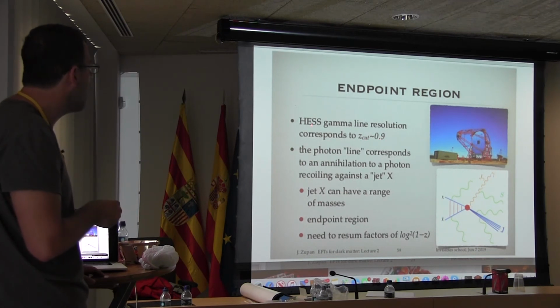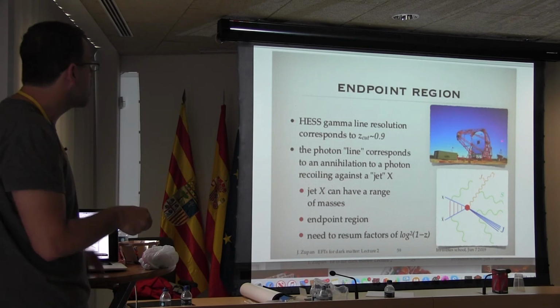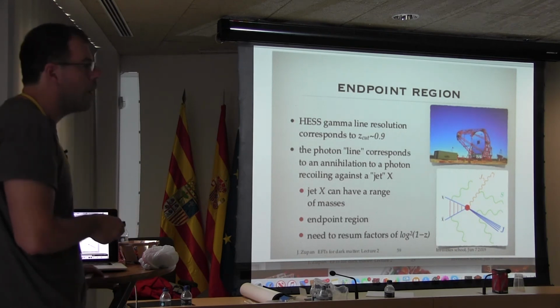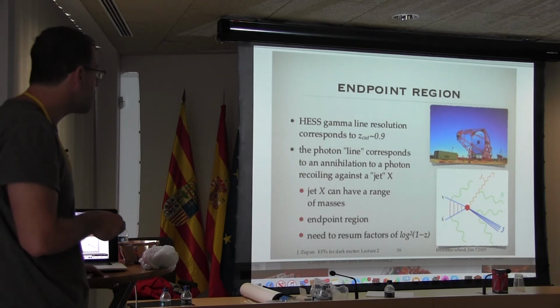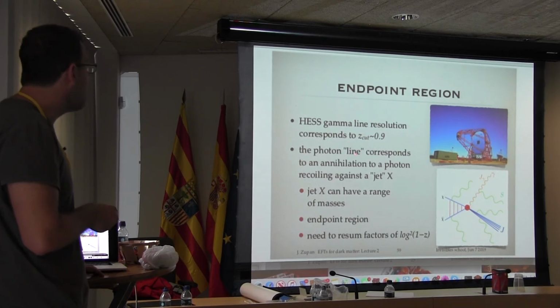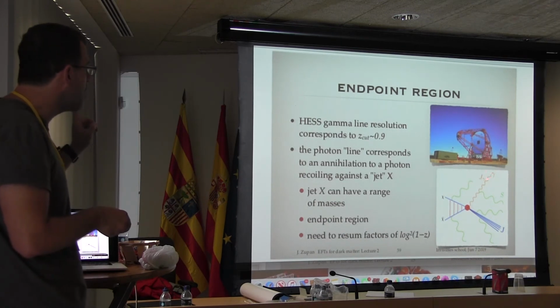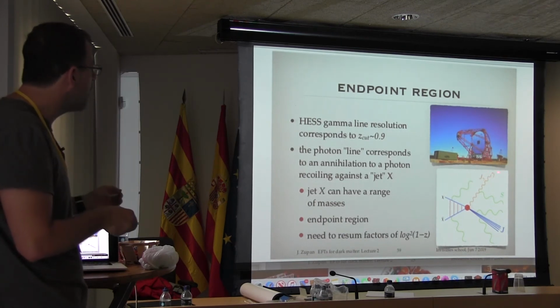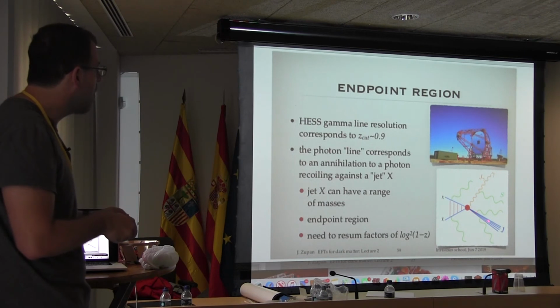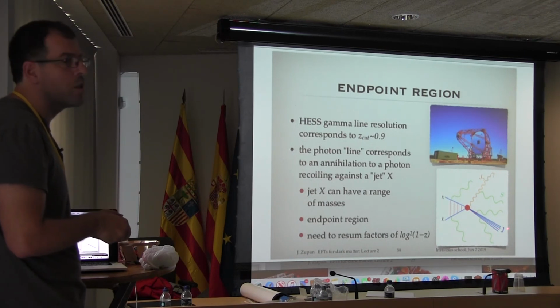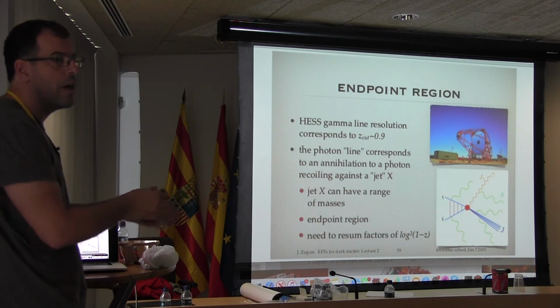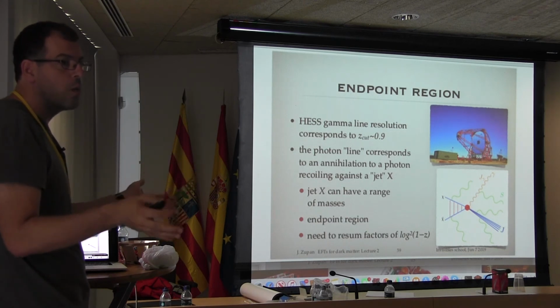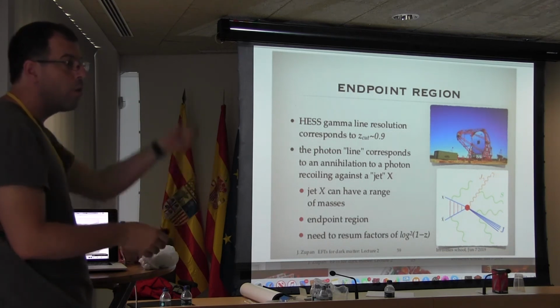So HESS is a telescope looking upwards for high energy gamma rays. And the photon line is this object. It's really not just one photon, but it's a range of photon energies that is allowed depending on what the mass of the jet on the other side is. So there is a variation of jets that you will sum over when you look for a line.